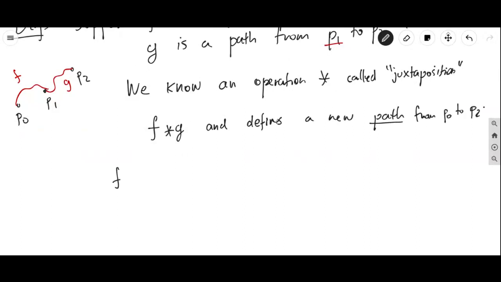So what is a path? f star g has to be a mapping from the unit interval into your space X, because that's what a path is. By definition, a path is a mapping from the unit interval into your space. And you have to say what it does to the time parameter.